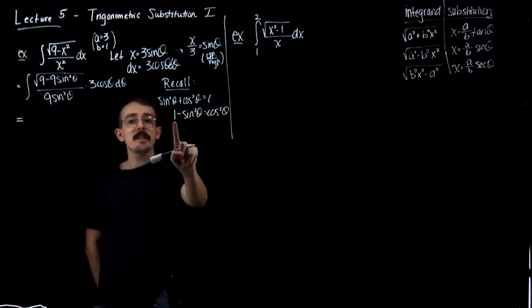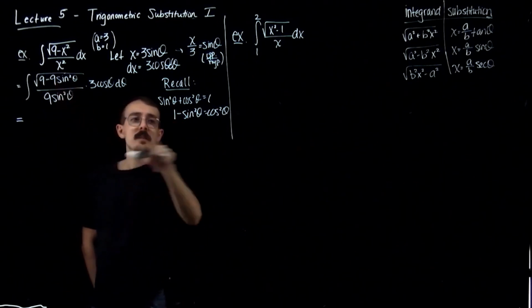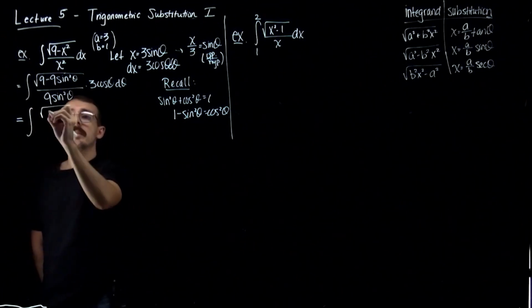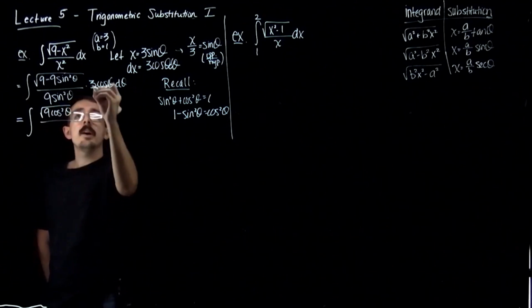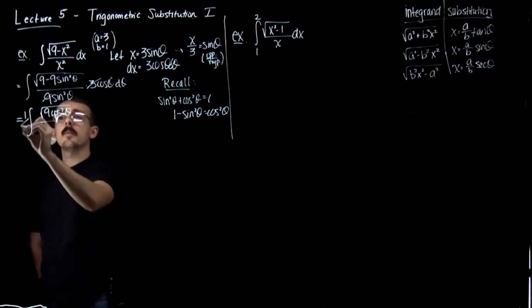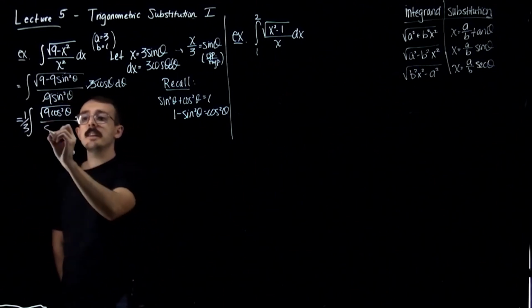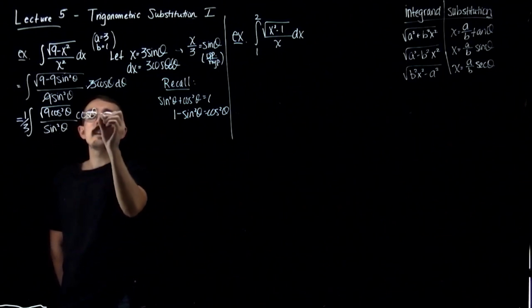So if you multiply all of these by 9, it shows that this inside the radical is 9 cosine squared. So this is the integral of the square root of 9 cosine squared theta. A 3 and a 9 will cancel, and I'll have 1/3 left out front as my constant. And I have sine squared theta and a cosine theta here, d theta.